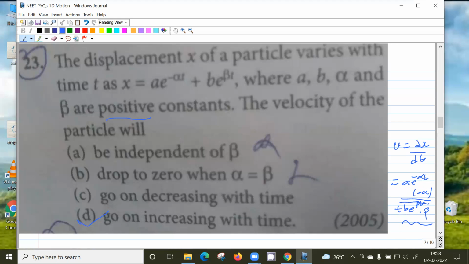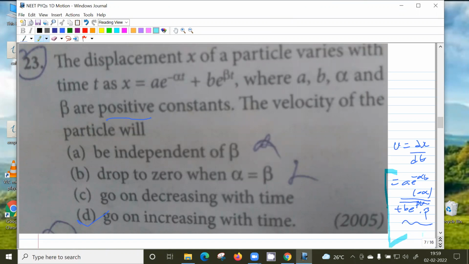Can you check? Option D only, right, sir? Yeah. But you understood, right? No, sir, I didn't get it. See, V is dx by dt. So this expression is okay.